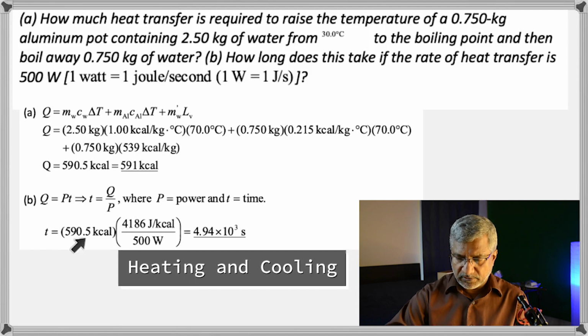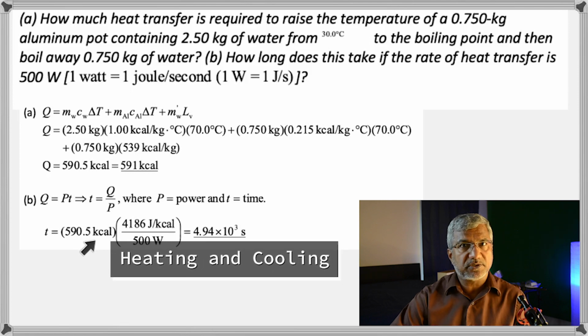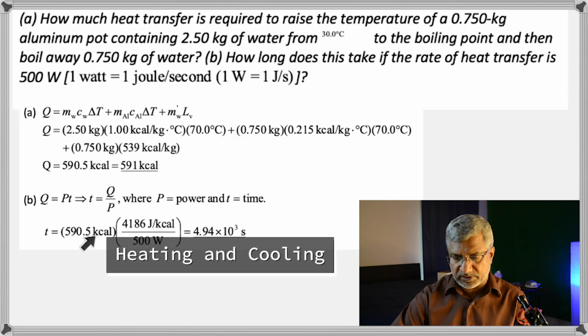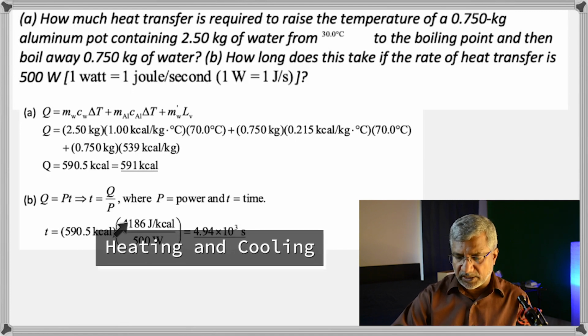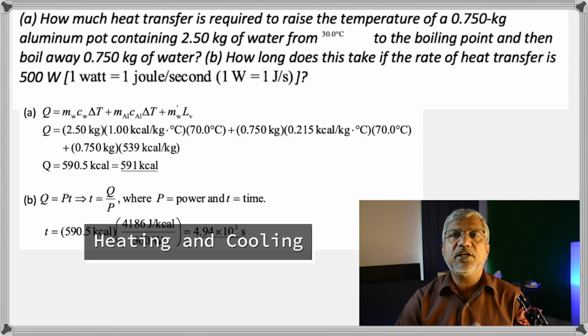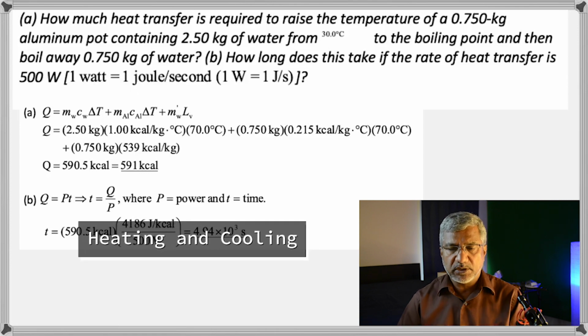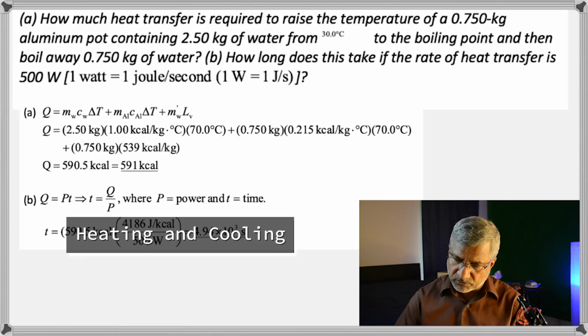That much. But here, once again, there is a problem because you can't have Q in kilocalories and P in watts. So what we did is we multiplied it by 4186 joules to change the kilocalories into joules. So let me write that right now.